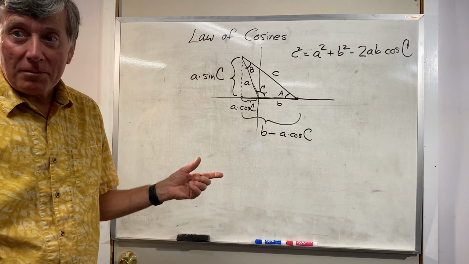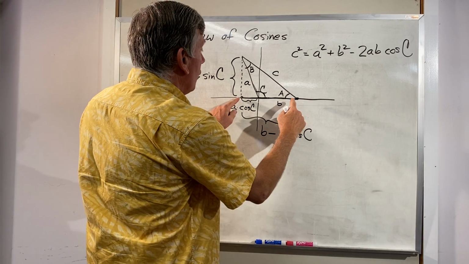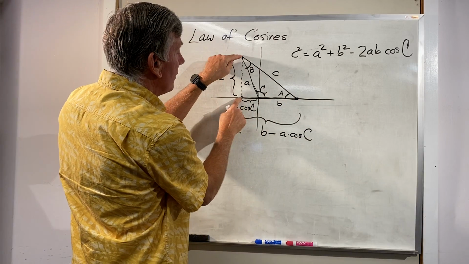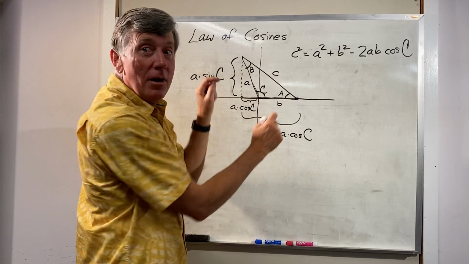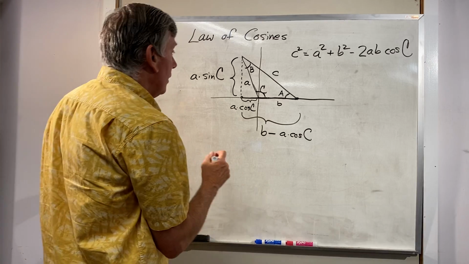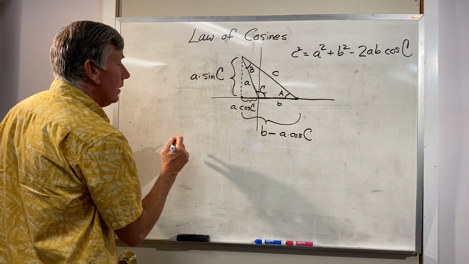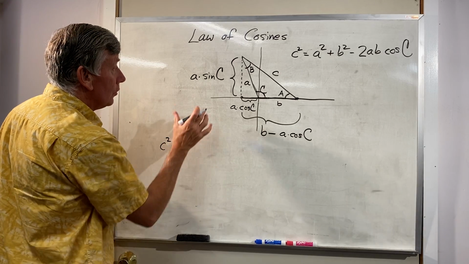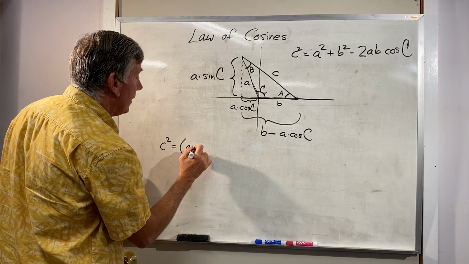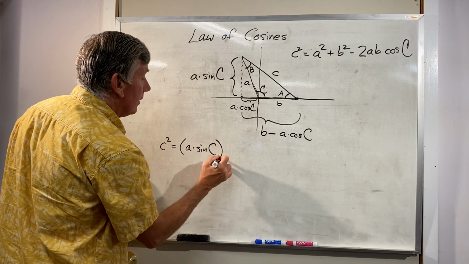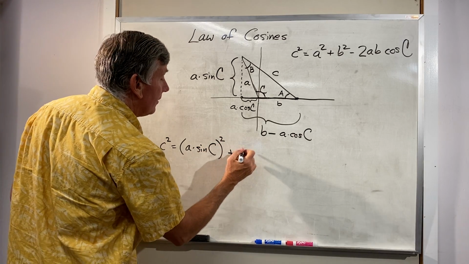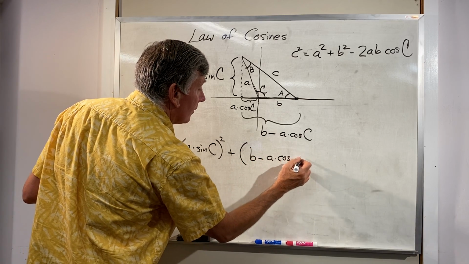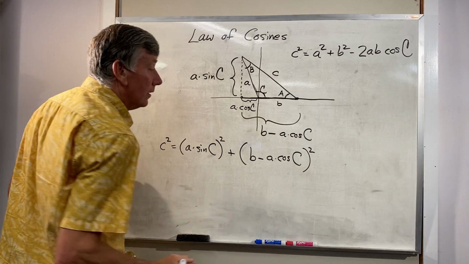Now I'm ready to use my Pythagorean theorem. I know this side squared plus this side squared is equal to the hypotenuse squared. So I'm going to write that out. C squared is equal to this, A times the sine of C squared, plus this, B minus A times the cosine of C squared.